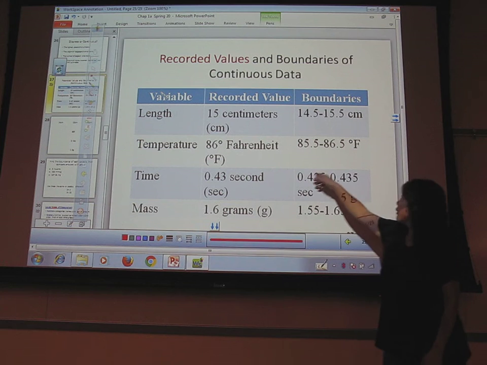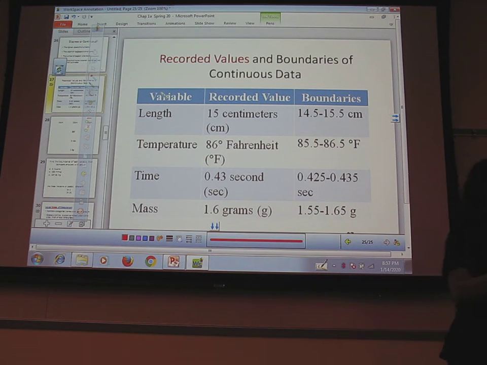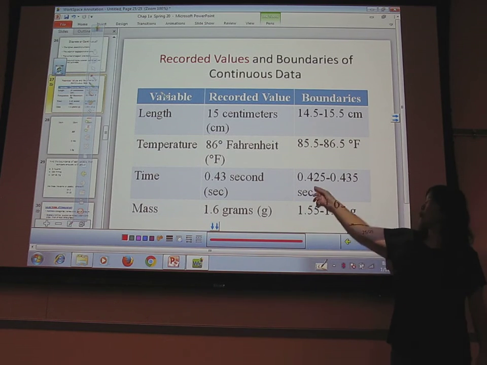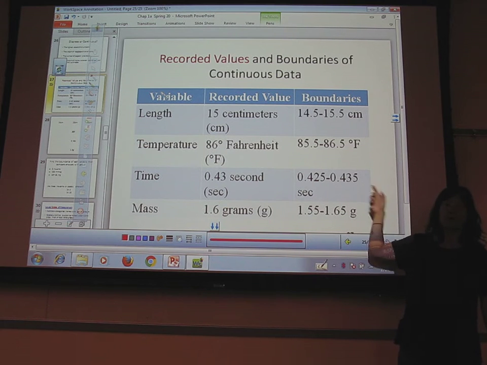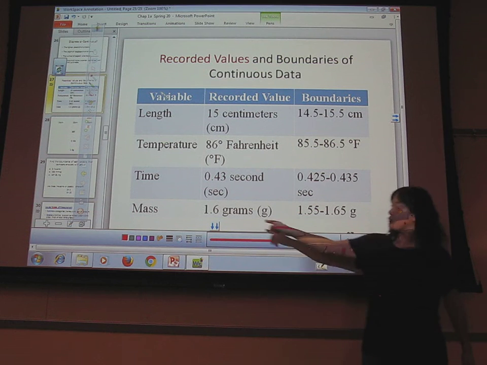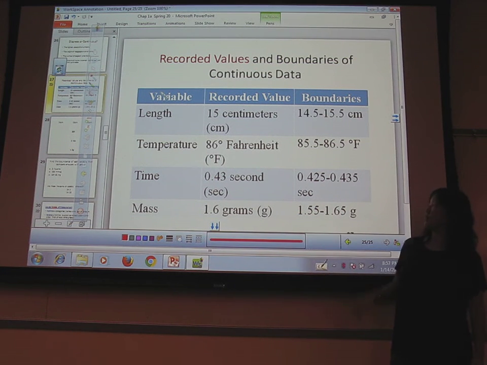For 86 degrees Fahrenheit, the boundaries are 85 and a half to 86 and a half. You okay with that? It gets a little bit trickier when we get into decimals, though. The boundaries for 0.43 seconds are 0.425 to 0.435. And for 1.6 grams, with one decimal place, the boundaries are 1.55 to 1.65.